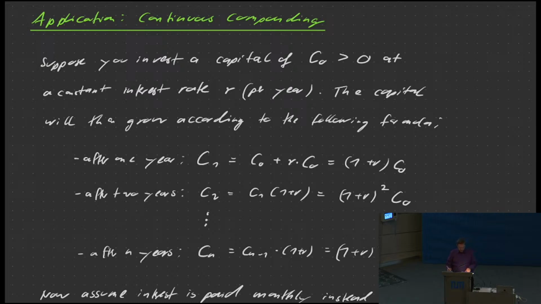And then of course if you wait 2 years, the interest that you got will also be invested. So you just let it all stay on your account and you let it grow. So after the second year you get C1 times 1 plus R for the same interest rate R, or 1 plus R squared C0.